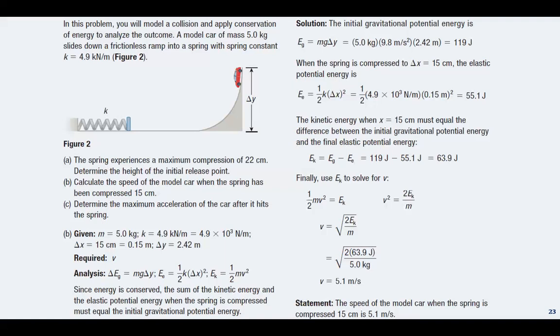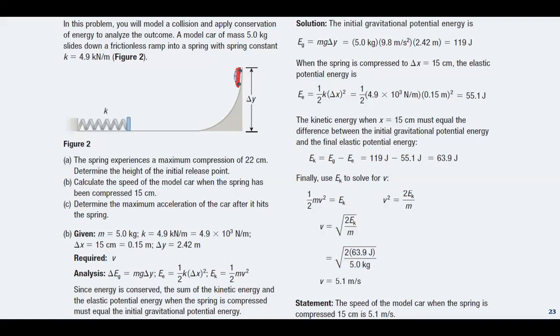So the kinetic energy when x equals 15 centimeters must equal the difference between the initial gravitational potential energy of the car and the elastic potential energy of the spring, which is the difference between 119 joules and 55.1 joules, about 63.9 joules. Finally, use Ek to solve for v.